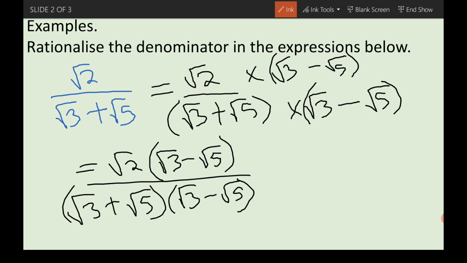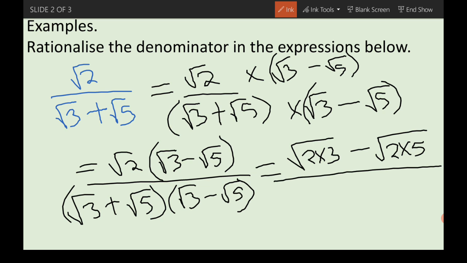From here we do it normally, opening the brackets and expanding, like we did some time back when we were factorizing. In the numerator, I'm multiplying root 2 times root 3, and I'll get root of 2 times 3 minus root of 2 times 5.